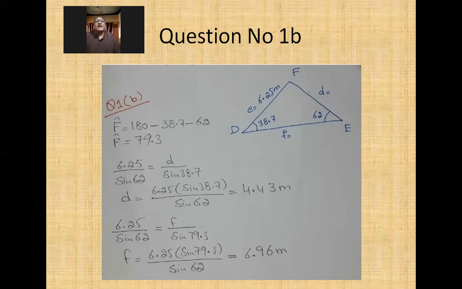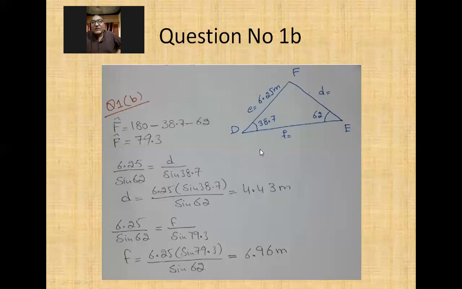When I make D alone, D equals 6.25 multiplied by sine 38.7, divided by sine 62, and you will get 4.43 meters. This is what you will enter into your calculator, and the answer for the D side, which is FE basically, will be 4.43 meters.